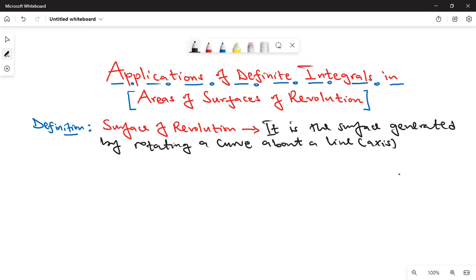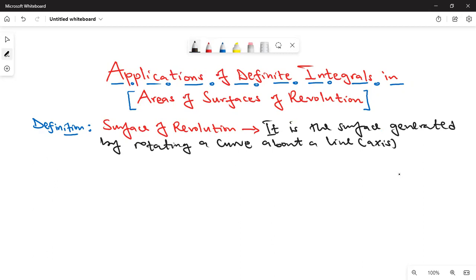So we want to see how to find the area of such surfaces, the surface area. So we are going to consider two cases of the axis. The first one is when we rotate about the x-axis, and another one when we rotate about the y-axis. And remember, you can also rotate about any other axis.